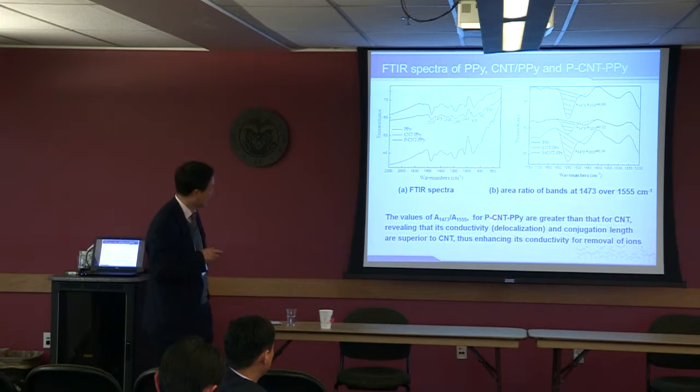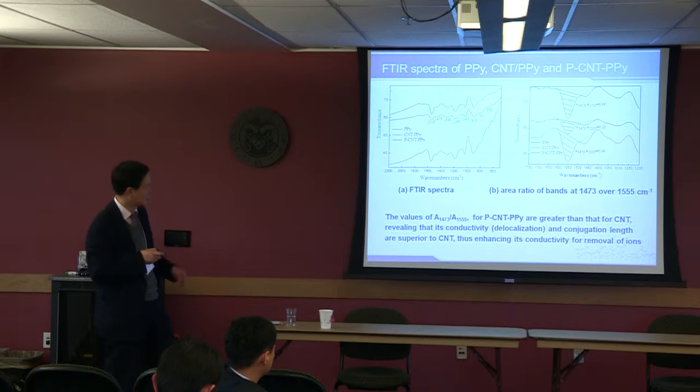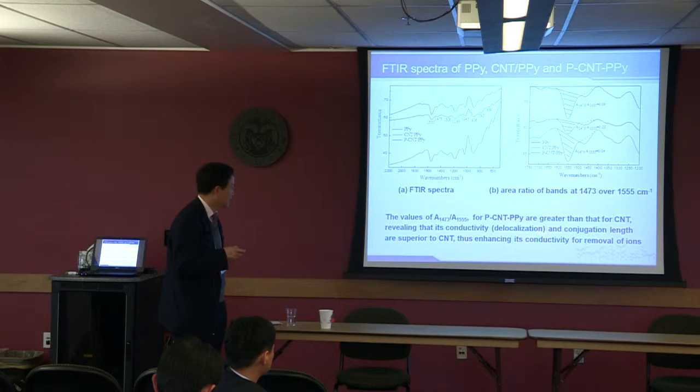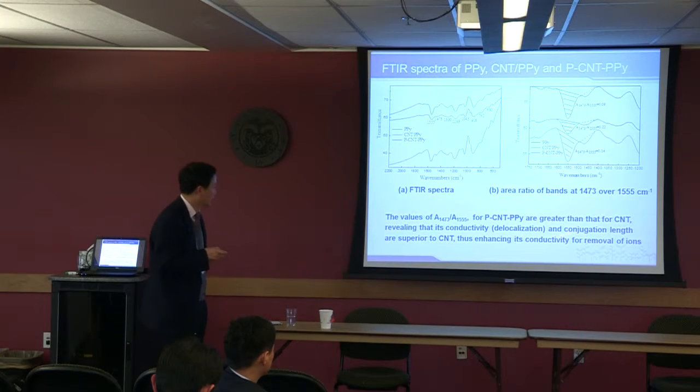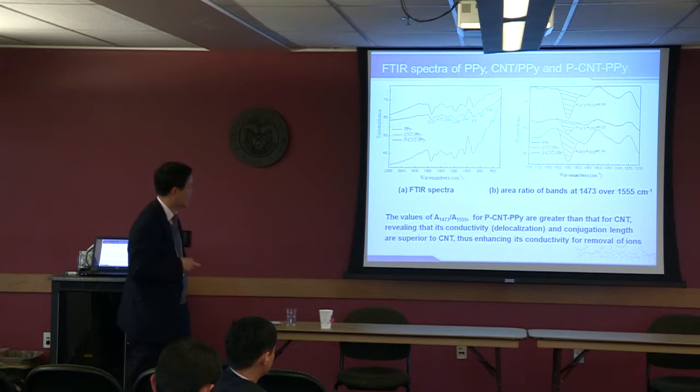This result indicated that the conductivity of this composite used for the electrodes must be increased, and indicates that the conjugation lengths are shifted.